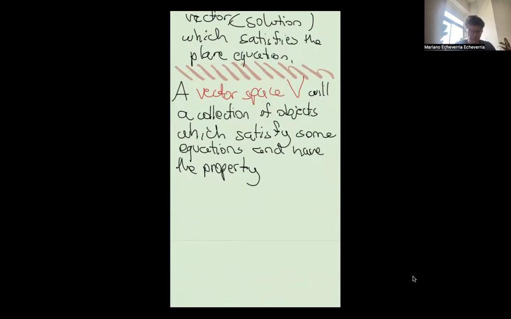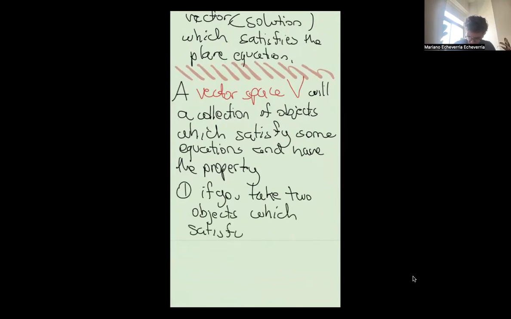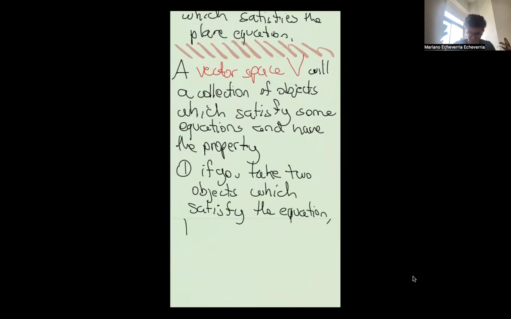So it will have the property that if you take two vectors, or two solutions of this equation, the sum continues to be a solution. If you take two objects which satisfy the equation, the sum continues to satisfy the equation.